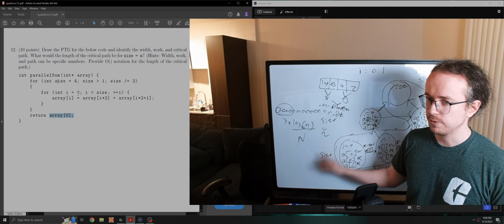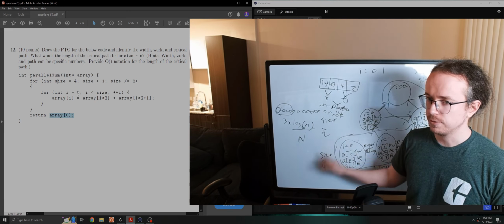So if you're starting here and you're going here, you want to go size over t steps, okay? So what that means then is for our code, we want to do a via i. The A element will be A plus size divided by t.